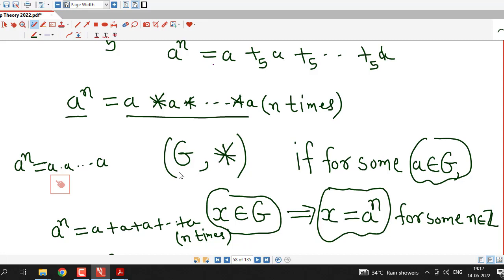So if we want to prove that our group is cyclic, we have to show at least one fixed element. We have to find some fixed element in group G such that every other element of the given group G can be represented as X equal to A raised to n for some integer n.